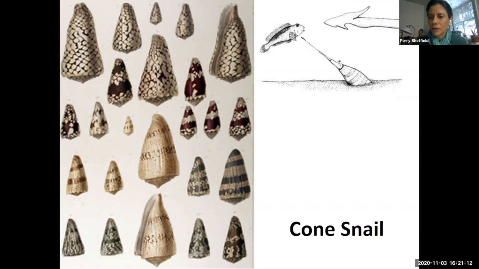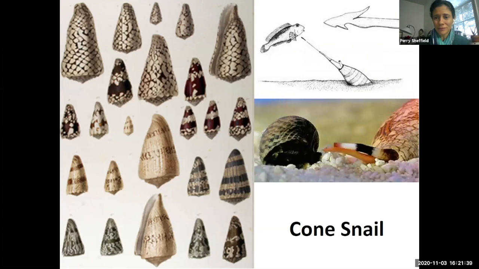Cone snails do this thing. They're actually predatory creatures that harpoon their prey in order to survive. They harpoon it, but it's not just a physical injury. They don't just spear it through the heart and kill it that way. They actually harpoon it, and they inject a very potent painkiller.